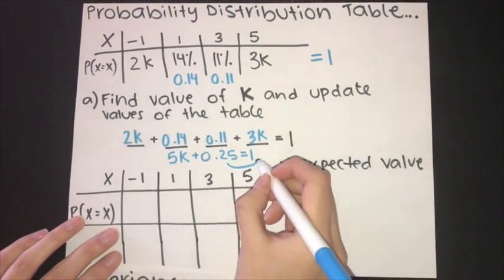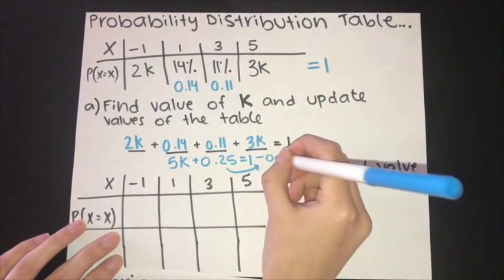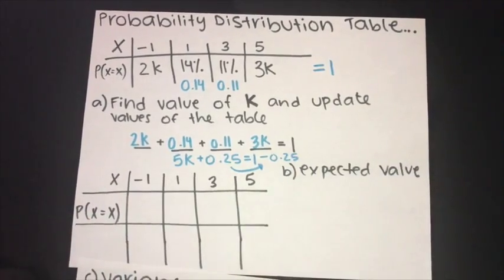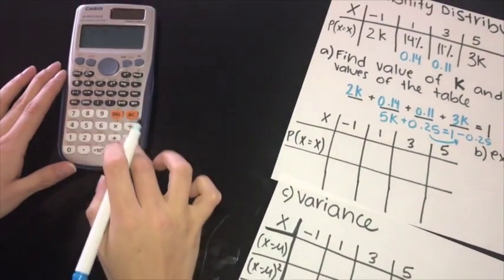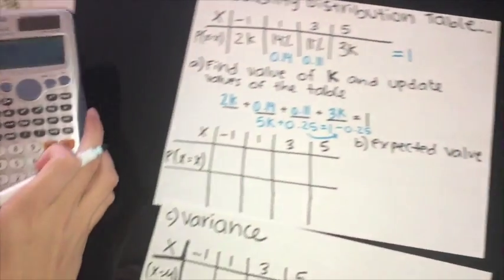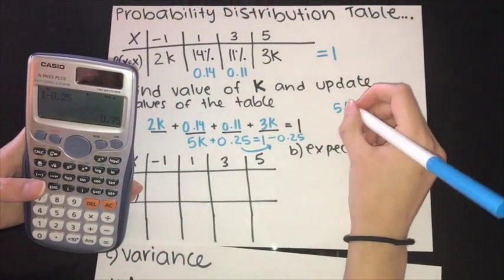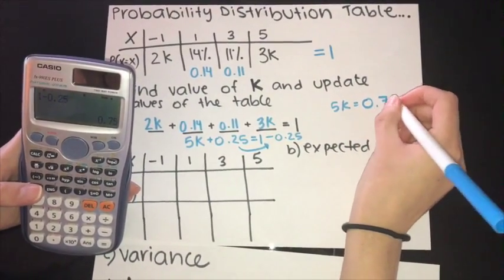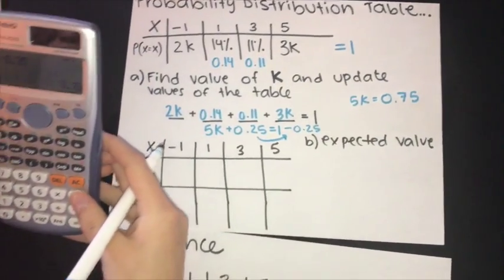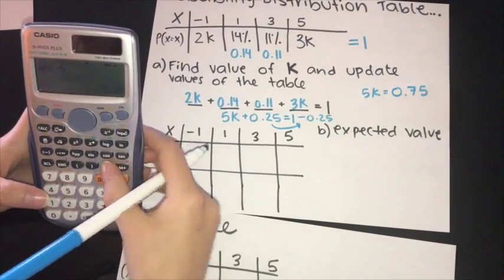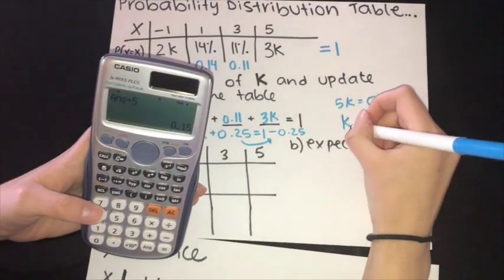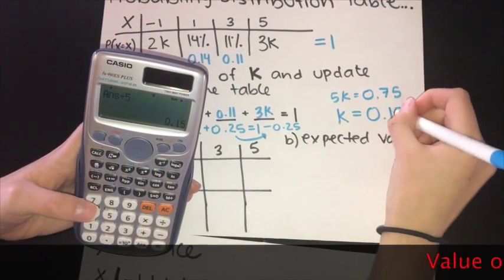We'll take this to the other side as a negative, and say 1 minus 0.25, which will be equal to 0.75, and then we'll divide by the 5, so it would be 0.75 divided by 5. So finally, our k will be equal to 0.15.